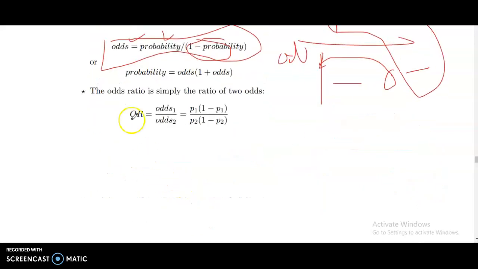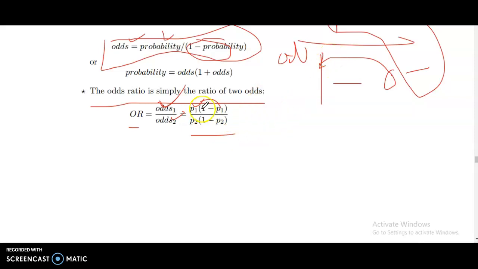Okay, the odds ratio is simply the ratio of two odds. For odds ratio, odds of sample 1 and sample 2, equal P1 over 1 minus P1, divided by P2 over 1 minus P2. Physically, what is the meaning?